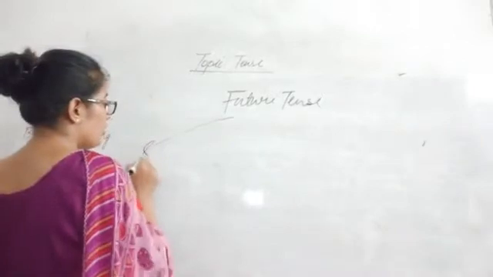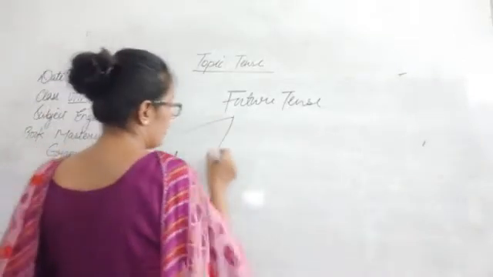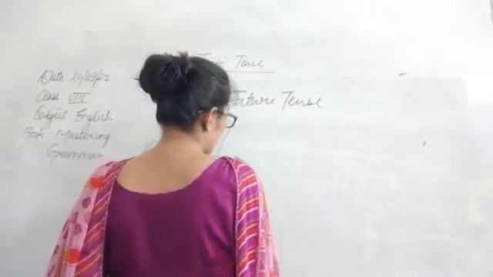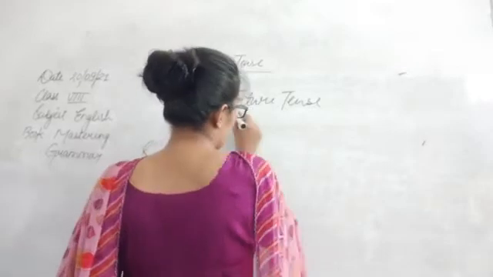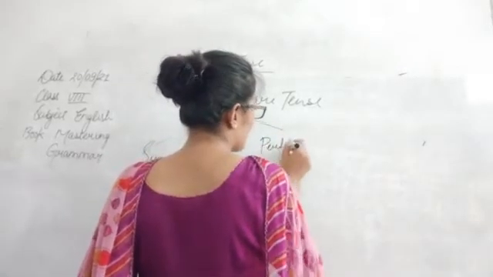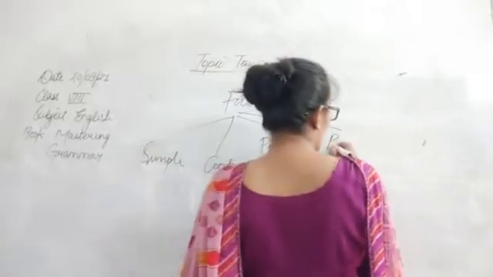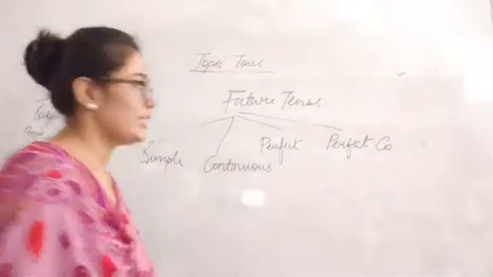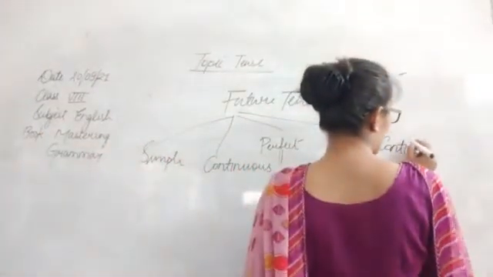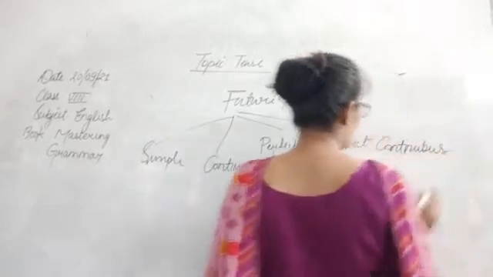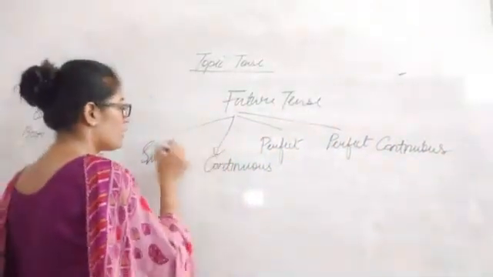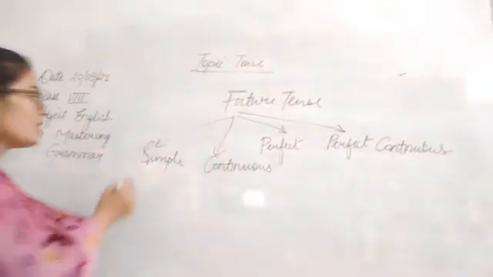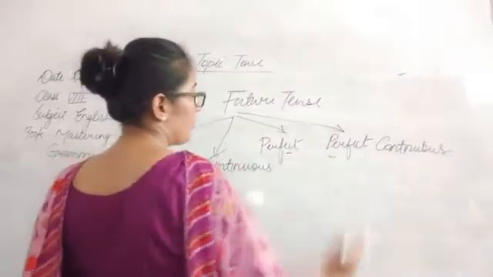So future tense also has four types: simple, continuous, perfect, and the last one is perfect continuous. Yes, you can see it. Perfect continuous. Okay, so these are the four parts that we have been discussing in all the types of tenses. Okay, simple, continuous, perfect, perfect continuous.